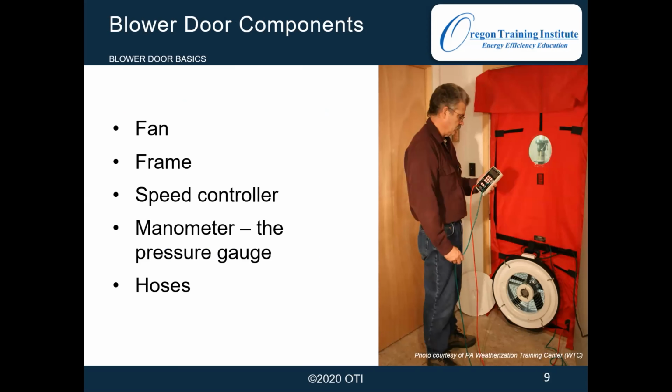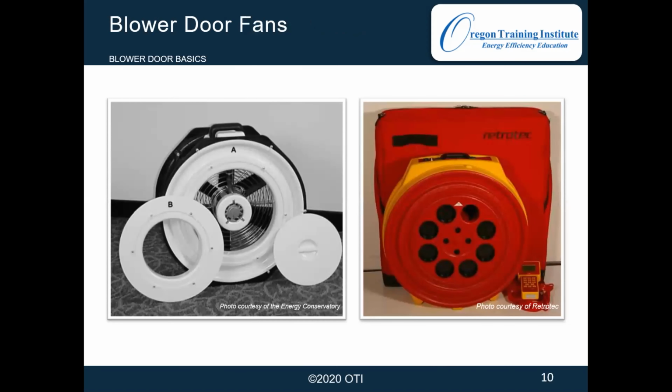So I'm pretty sure everyone has set up a blower door. You guys are familiar with the frame, the shroud, getting the fan in, and using all the rings. The two different brands are a little different, but they're not as different as you think.